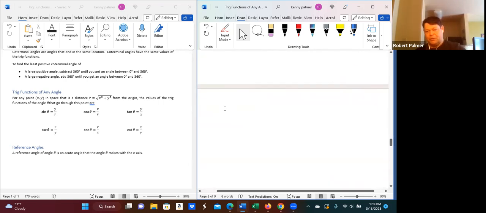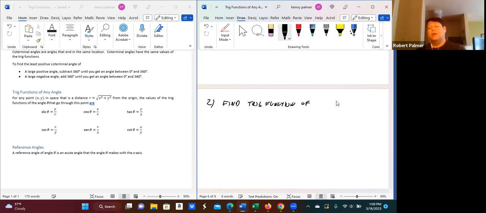In fact, let's go down and do it on this next page. So let's find trig values of, let me pick, how about 310 degrees? Okay, so 310 degrees. No, let's make that 300 degrees.